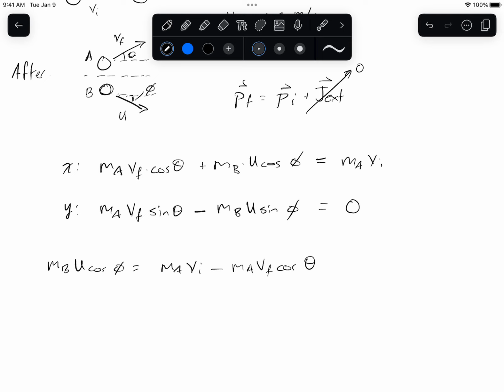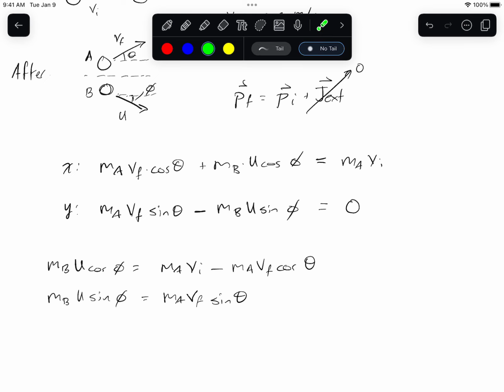And let's isolate this term here on the left-hand side of the equation from the y-axis equation. This is m_B u sine phi, and this is equal to m_A v_Af sine theta.